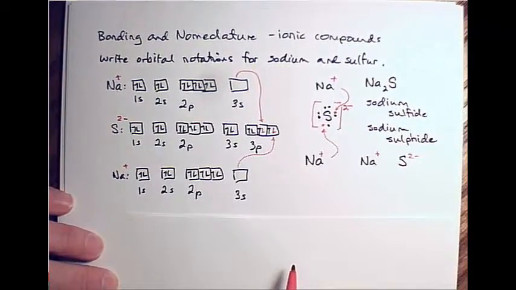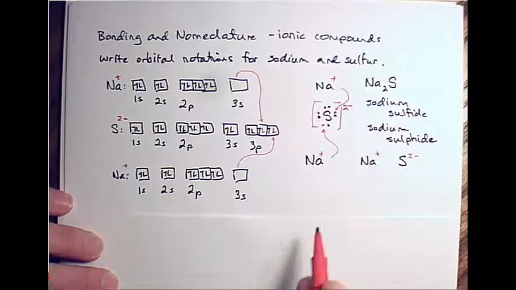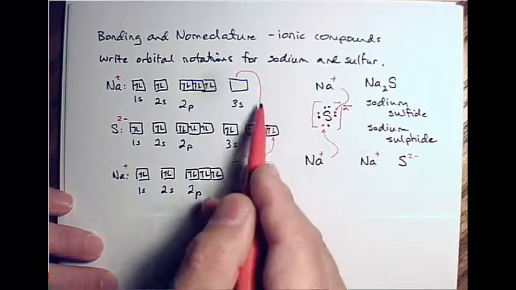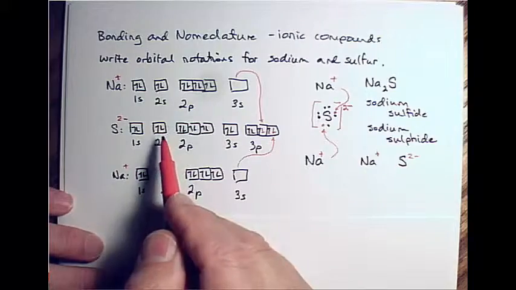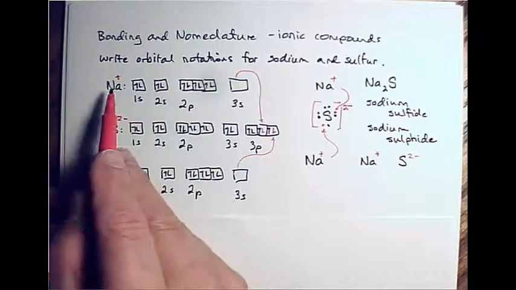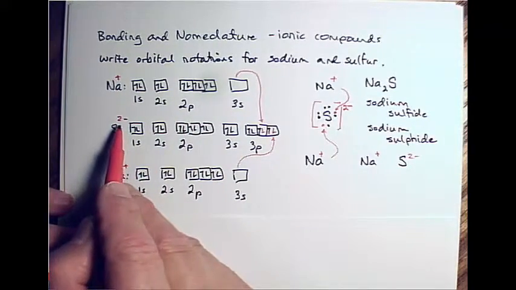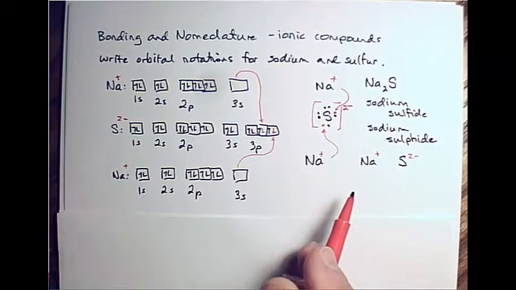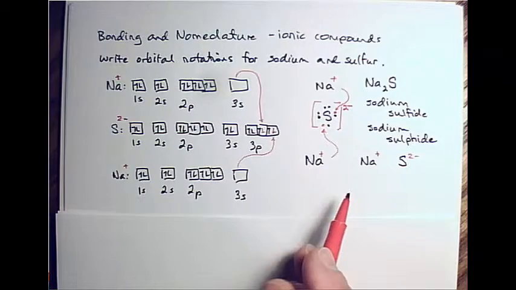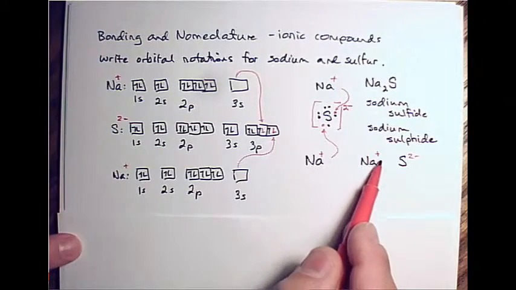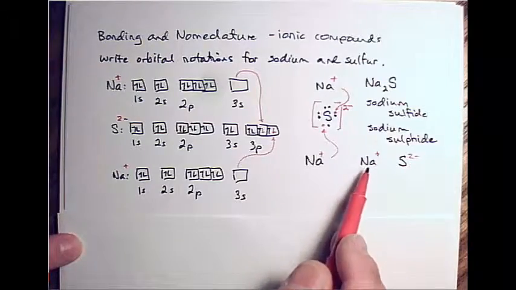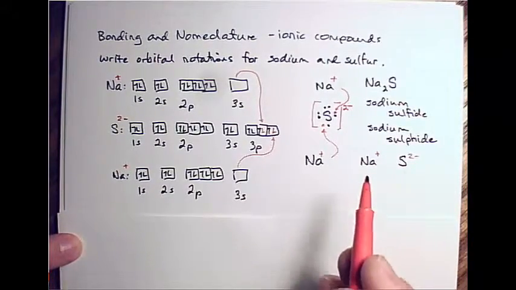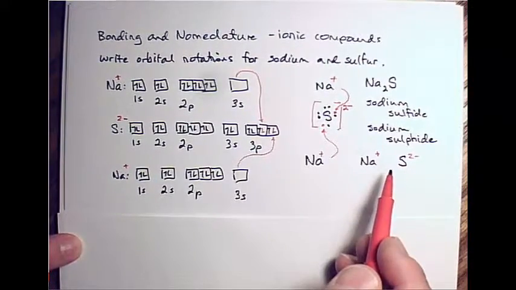You understand what I did? I'm jumping ahead. I'm saying, okay, I know all this is going to happen, and if all this happens, then sodium's going to have a 1 plus charge, and sulfur's going to have a 2 negative charge. That's what I wrote down here. We've been doing this enough now that you should be able to make that jump in logic. That when we get to the electron structure that sodium wants to have and sulfur wants to have, sodium will have a 1 plus charge, and sulfur will have a 2 negative charge.